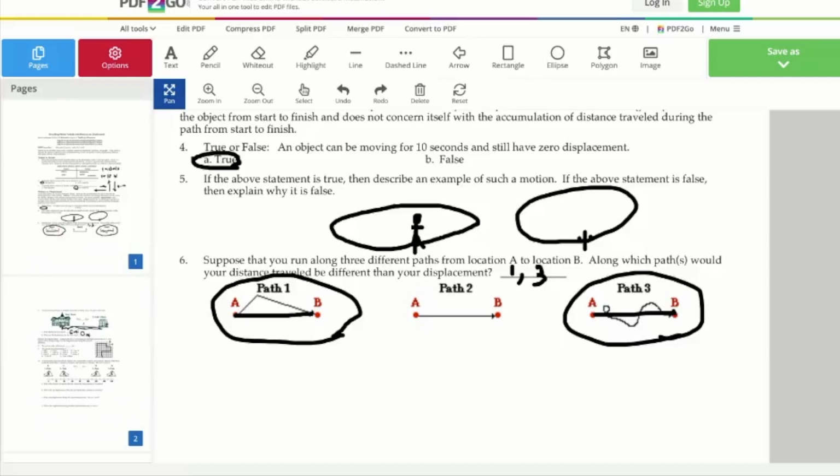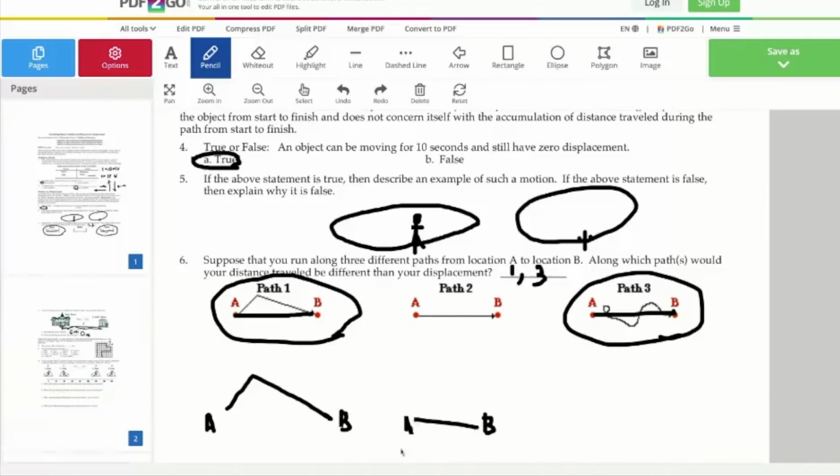Are 1 and 2 the same length? No. Actually, I should erase that if possible, but I don't think I can erase on this strange thing. Essentially, no, path 1 is a bit longer. I'm going to draw this. Let's say this is A and this is B, and then for the same A and B, you just go there instead of taking this.